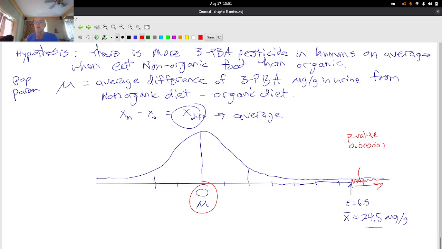Tenths, hundredths, thousandths, ten-thousandths, hundred-thousandths, millionths. There's a 1 in a million chance of finding another group of people like this. It's pretty unlikely. So that means either I have a weird group of people, or if I think I have a good representative sample, then there's something wrong with my null hypothesis and I have to reject the null. So I'm going to assume I have a good data set and I'm going to reject the null hypothesis.